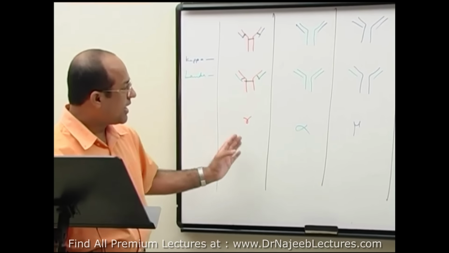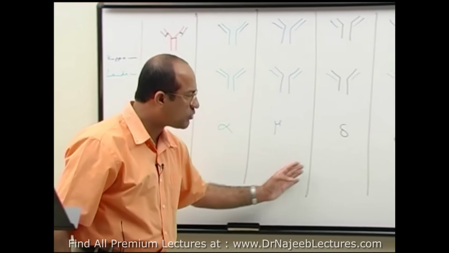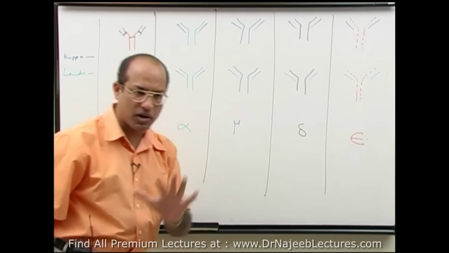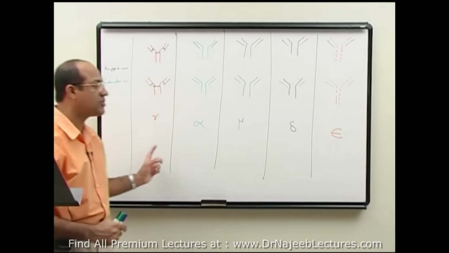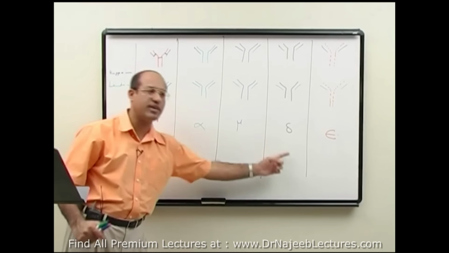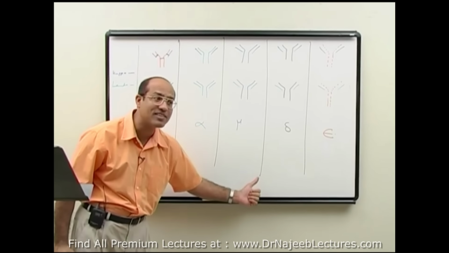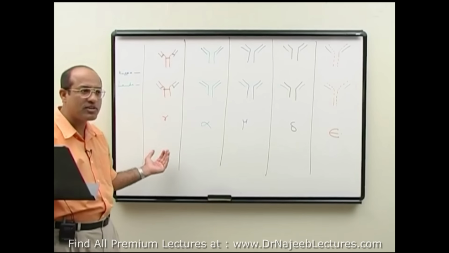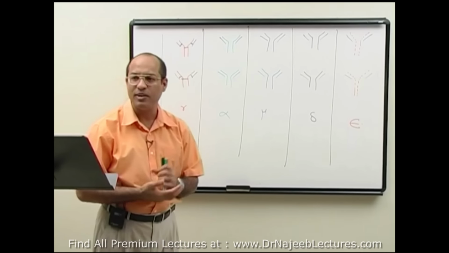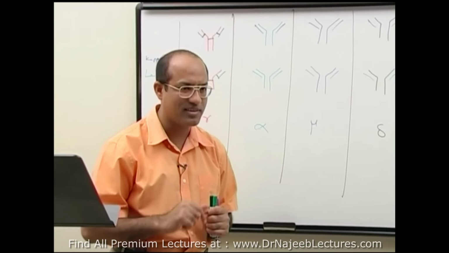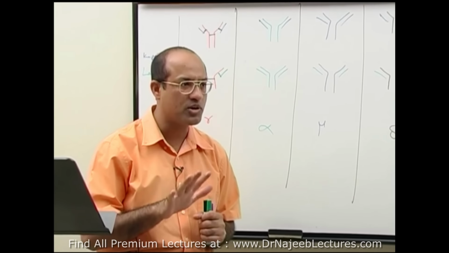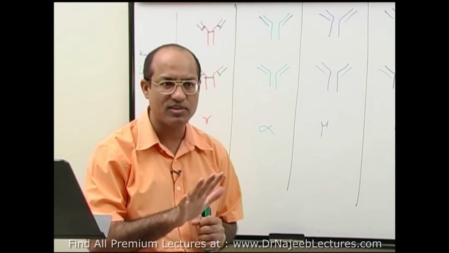It means if you have these 5 groups of antibodies or 5 classes of antibodies, why are the antibodies in different classes different? Because they have different heavy chains. And why do antibodies in different classes have some similarity? Because they have the same light chains. Again listen, we say that antibodies are basically having 5 classes.